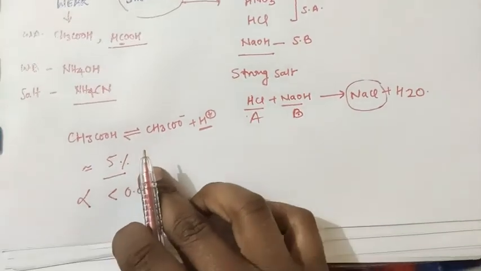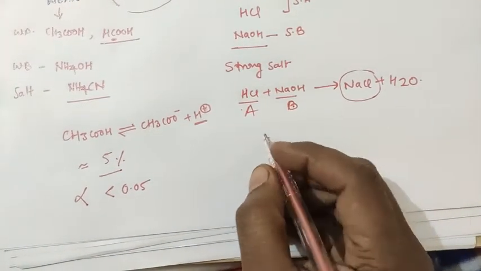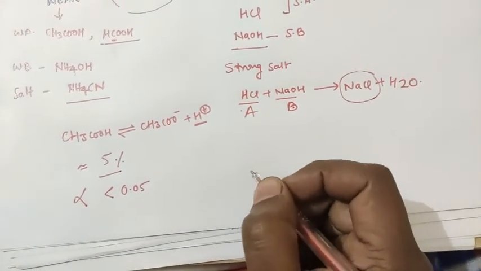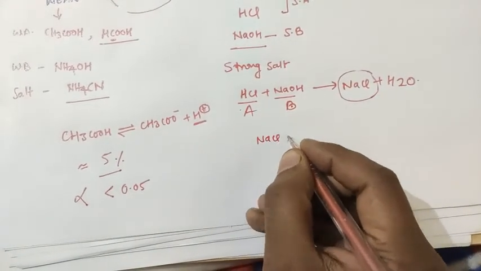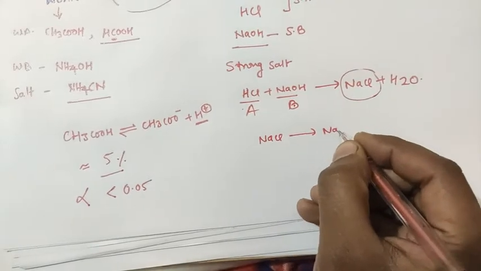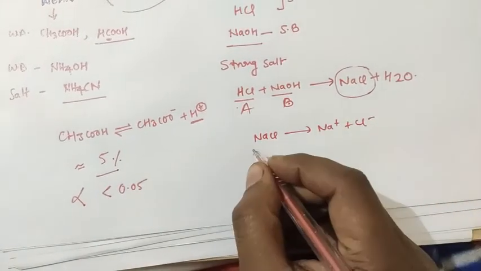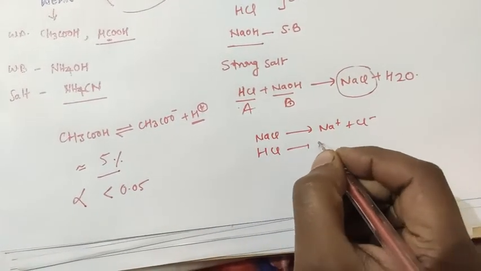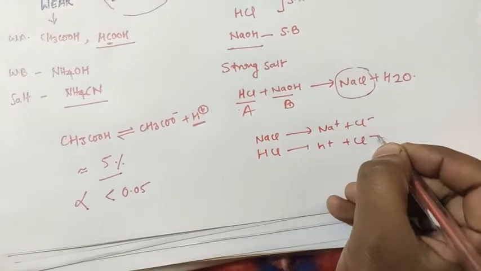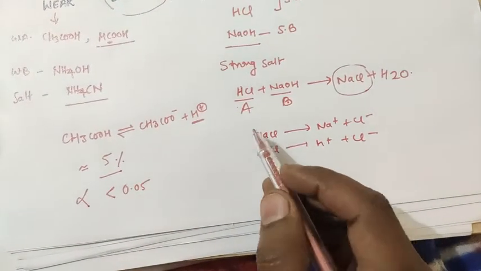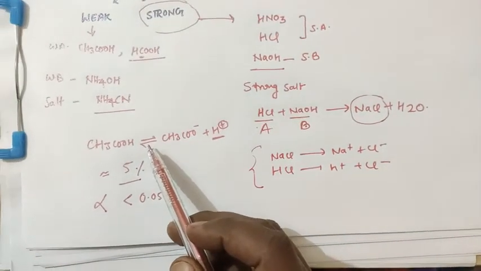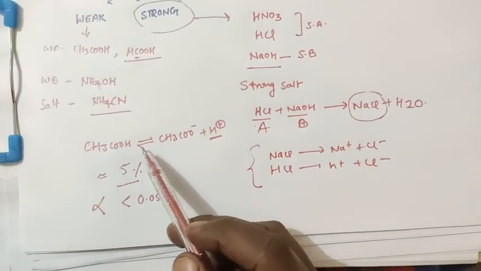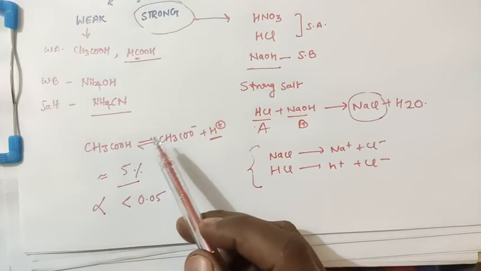In case of a strong electrolyte, students, look carefully. For example, NaCl will ionize like Na positive and Cl negative. HCl is also a strong electrolyte; it will give H plus and Cl minus. For the strong electrolyte I am writing a single arrow, but for the weak electrolyte I am writing a double arrow, meaning equilibrium, the reversible sign.